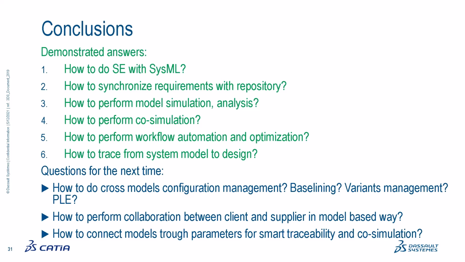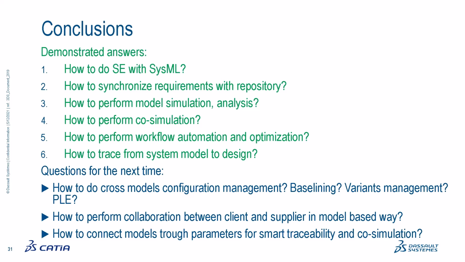And how to perform workflow automation and optimization would be Process Composer, for example, an out-of-the-box solution for that, and how to trace from the system model to the design. Again, we can use dedicated traceability tools which link design, analysis, and other tools, when we are delivering the model for overview by designers and linking to see the change impact later on.